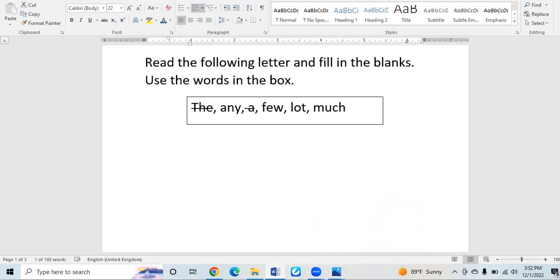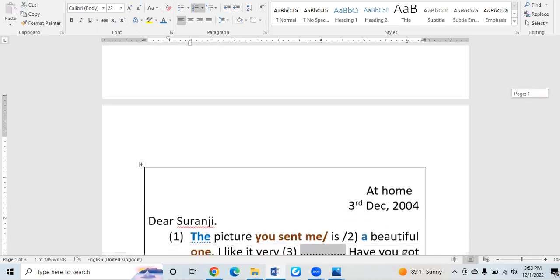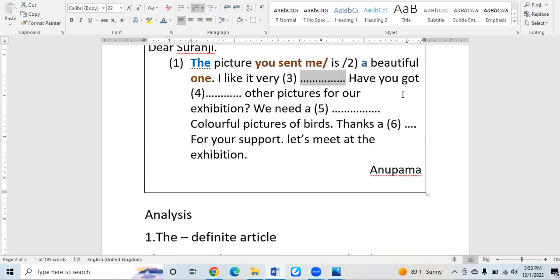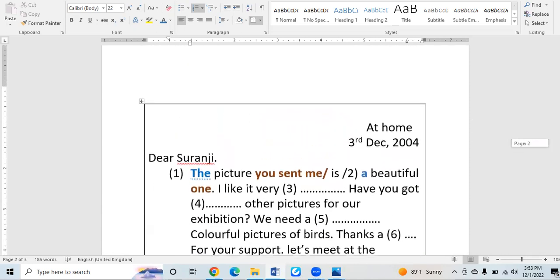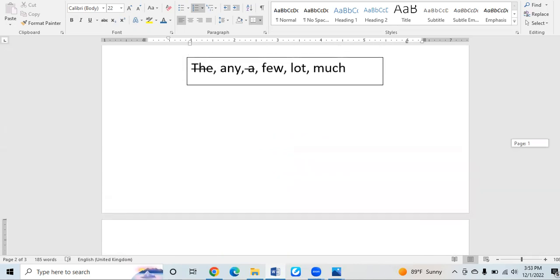Now if you can't find it out clearly, just leave that question, keep it aside, and then find out the rest of the answers, because it's difficult for you to find the answer for this section, because we have any, few, lot, much.